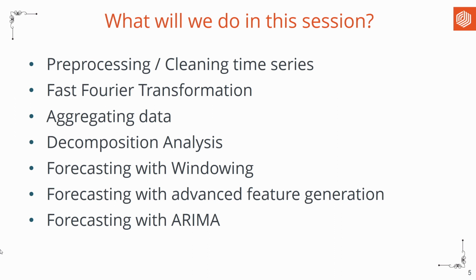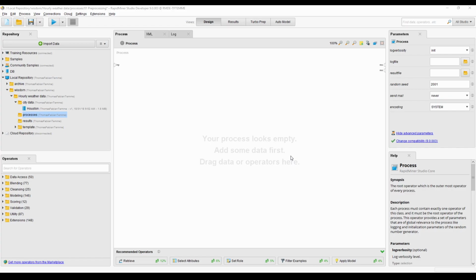And then we will do forecasting, first with windowing, then with advanced feature generation, and then with ARIMA. So I will start with a demo. Several features which I will show in this session are added in RapidMiner Studio 9.1.